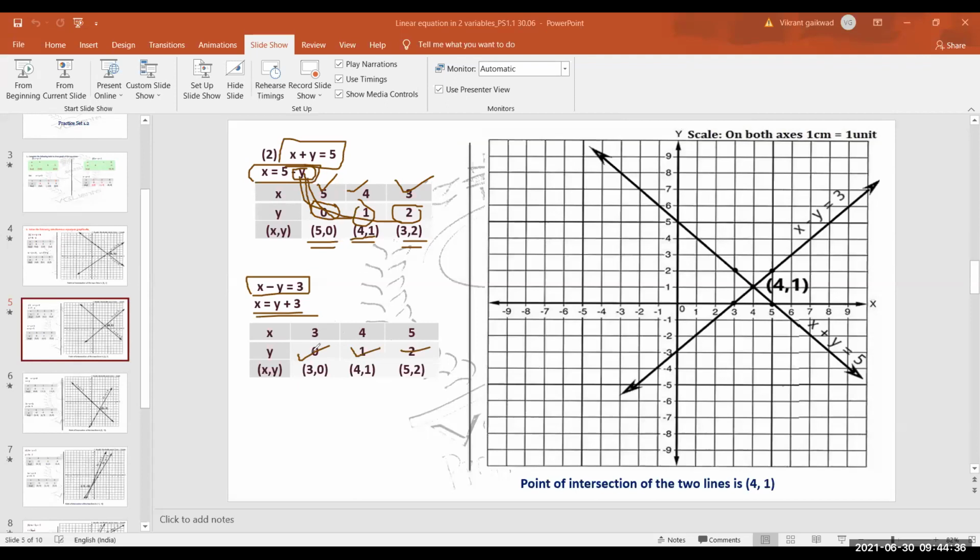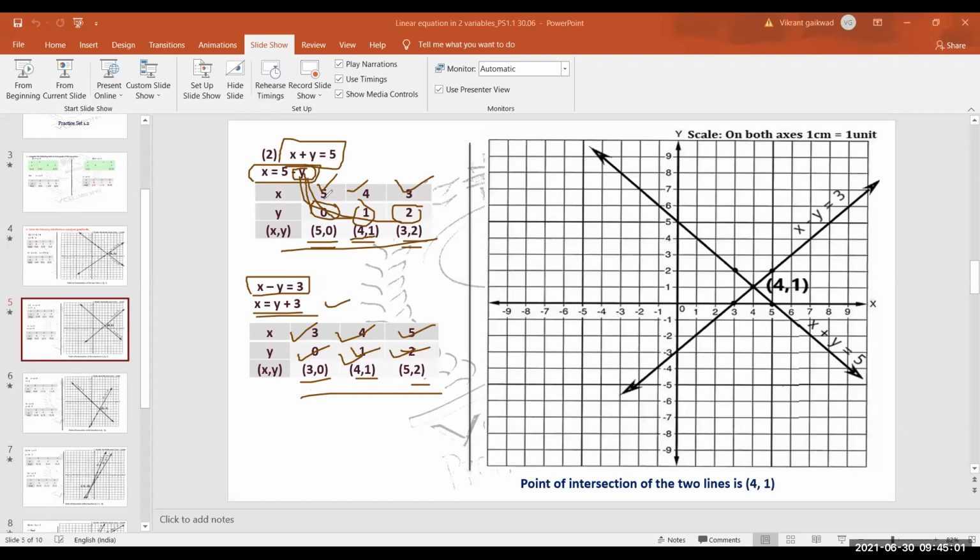When you substitute y as 0, you get x as 3. When you substitute y as 1, you get x as 4. And when you substitute y as 2, you get x as 5. So 3, 0, 4, 1, 5, 2. You have got the 3 sets of points for the second equation: 3 sets of points for the first, 3 sets of points for the other equation.